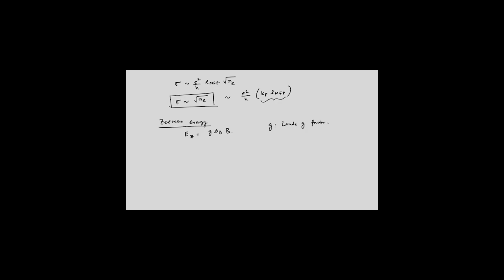This has been discussed in the context of the 2D electron gas, but I am still repeating those discussions here. And so this is usually equal to 2 for electrons in graphene, and this is then equal to ħ e over m into B.